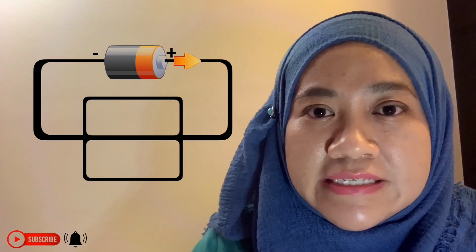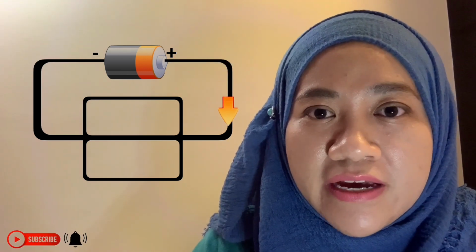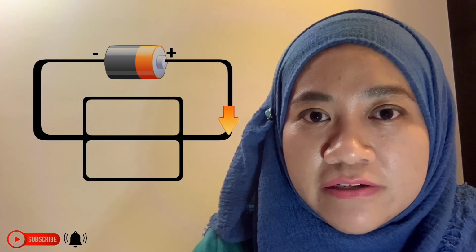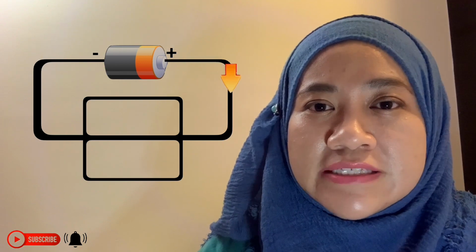A circuit is said as a parallel circuit when there are more than one path for the current to flow. The electrical components can be connected on different paths to make a parallel circuit.